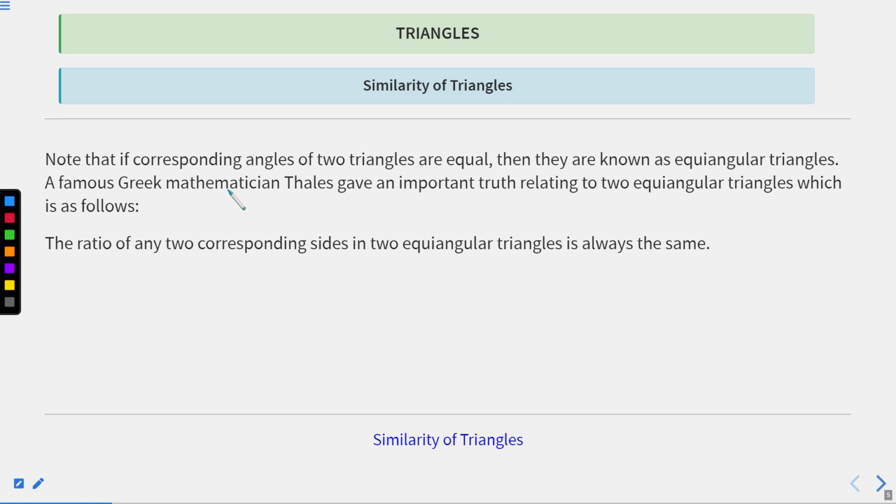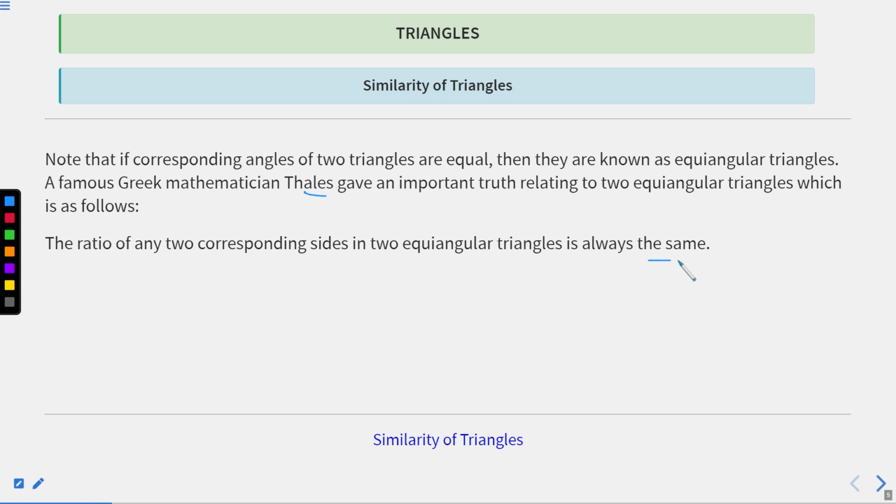A famous Greek mathematician, Thales, gave an important truth relating to two equiangular triangles, which is as follows: the ratio of any two corresponding sides in two equiangular triangles is always the same. This is very important in the triangles chapter.